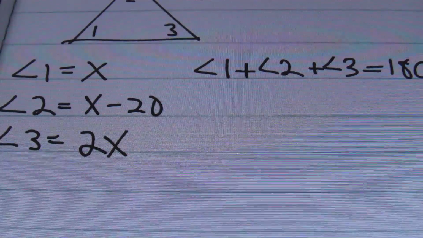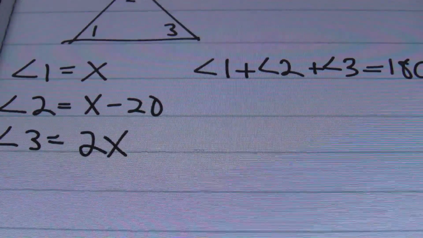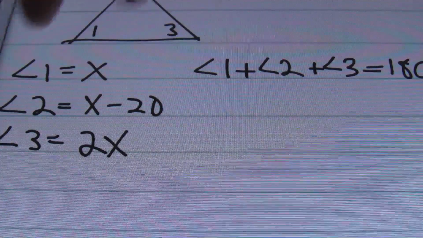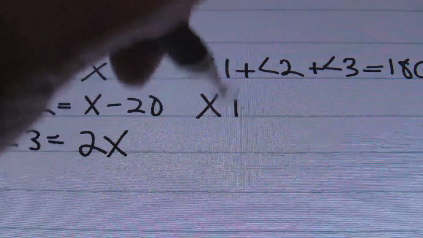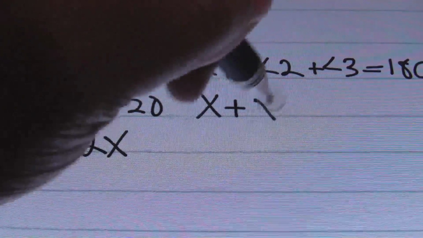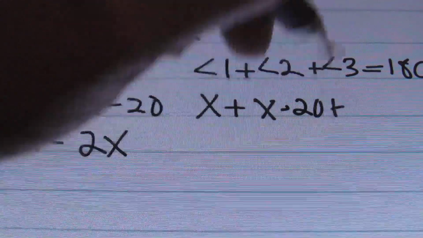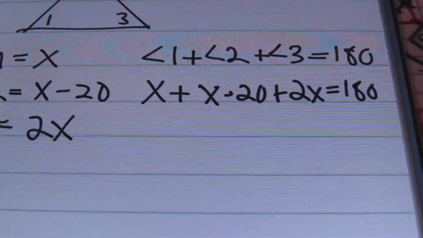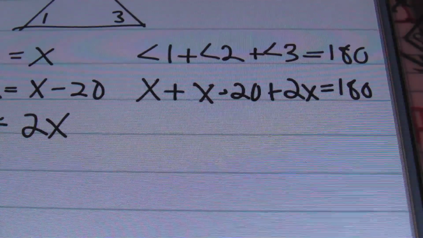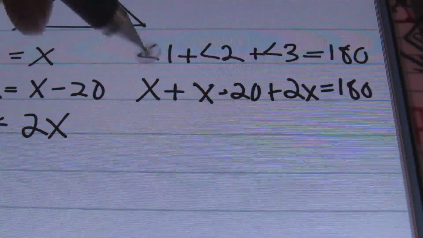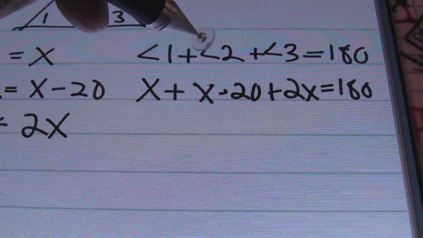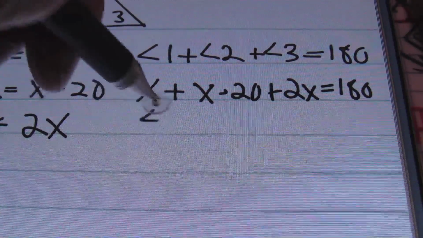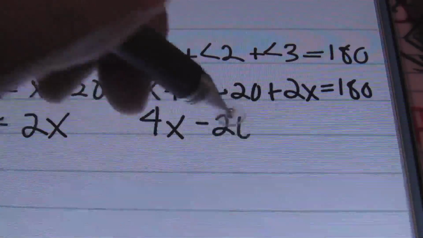From here, we'll be replacing our values that we have for the angles here with our definitions. So we said that angle 1 would be x plus angle 2, which is x minus 20, plus angle 3, which is 2x, and that has to equal 180 degrees. All right, so we're going to be combining our like terms and solving for the variable x now. So I have 1x plus 1x, which is 2x, and 2x plus 2x is 4x, minus 20, which has to equal 180 degrees.